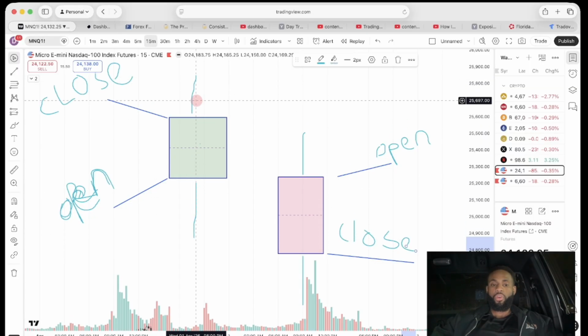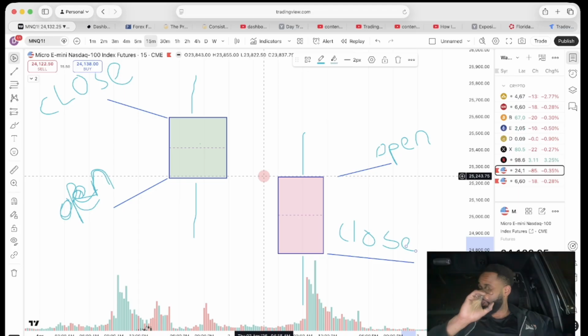This whole 15 minutes is where price started right here. Price has gone as low as down here and has gone as high as up here. Well, we ended up closing right here and we ended up opening right here. So with the down candles, guess what? Price has gone as high as up here and it has gone as low as down here. But guess what? We opened right here and we closed right here. All right. So it's pretty self-explanatory.